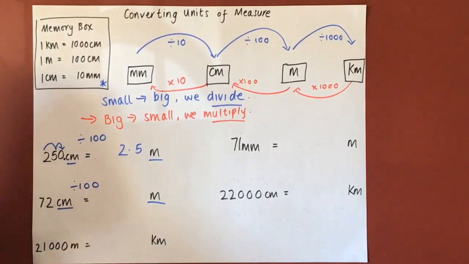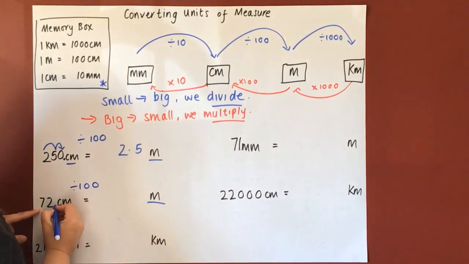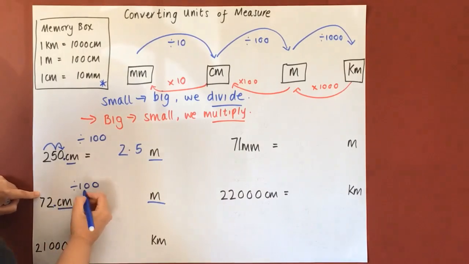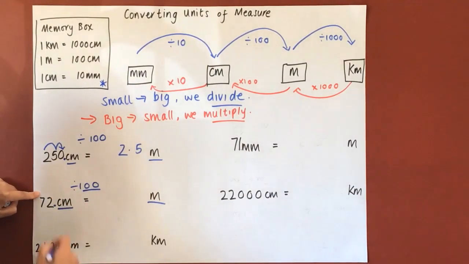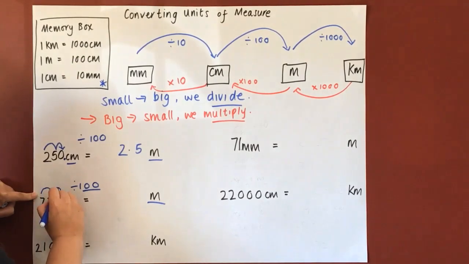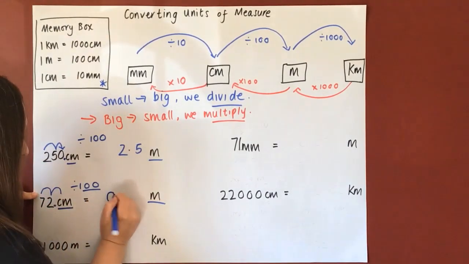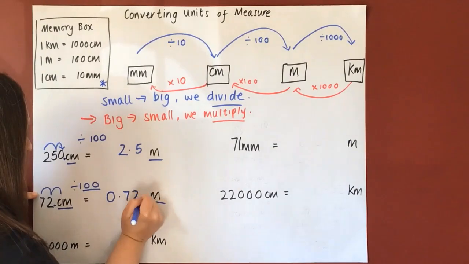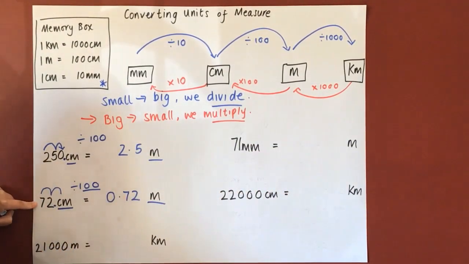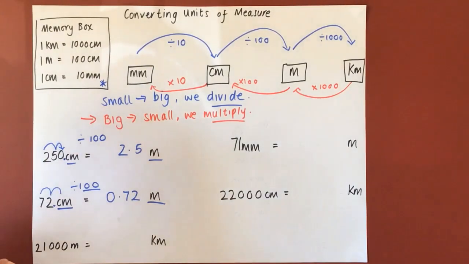So I'll divide by 100 there. Again, think of your decimal point would be at the end of the number. I need to go 2 places to the right because I have 2 zeros. So slide to the right, 1, 2. So my answer would be 0.72 because the 7 has shifted to the right past the decimal and I put a 0 at the beginning.